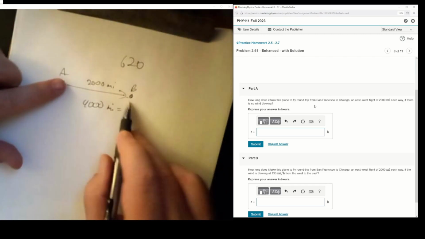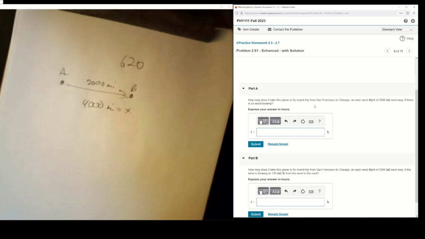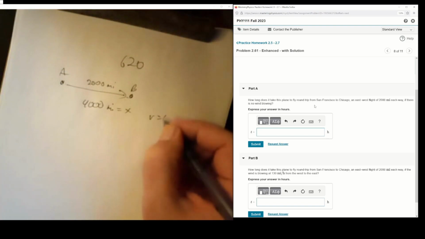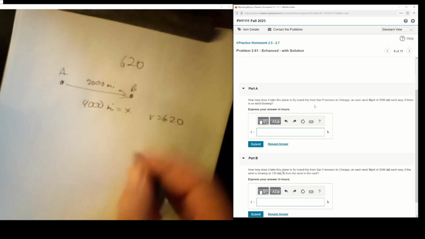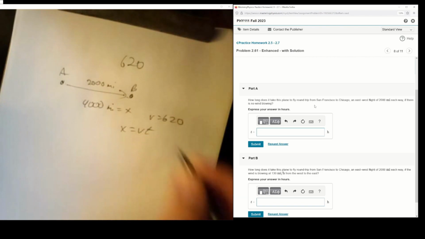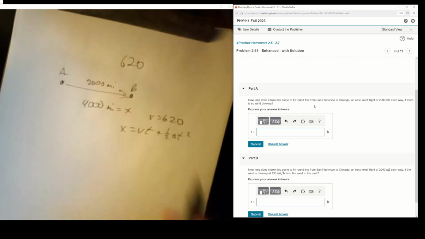So our displacement here is this. And if we flip it around, got another 2,000. Our velocity being 620, and we can figure out the time. So this is the only equation that's left when there's no acceleration from this one. When acceleration is 0, that whole thing goes away.